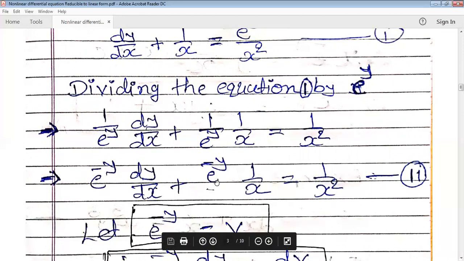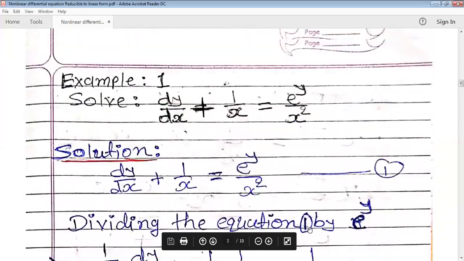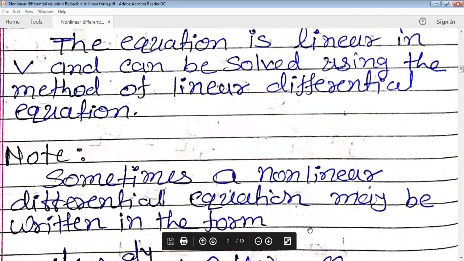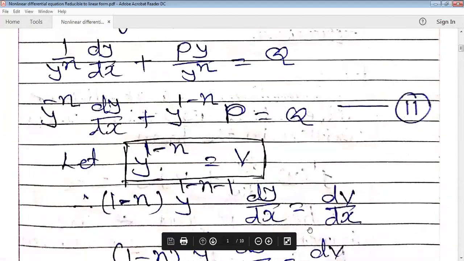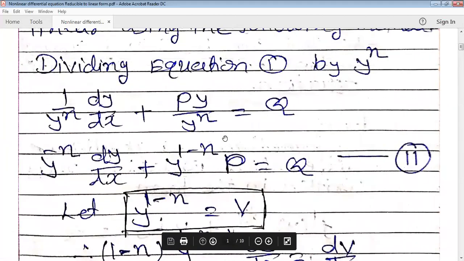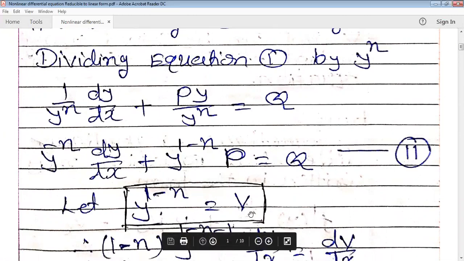Again I recall our theory portion: the multiple of p is y raised to 1 minus n. That's why we assume y raised to 1 minus n is equal to v.